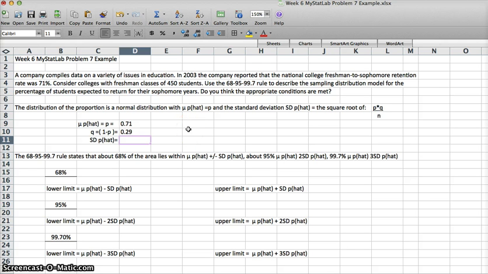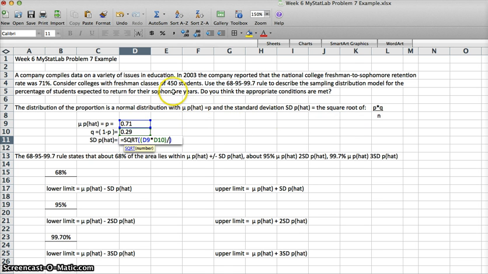So we need to start off with square root. So I'll say equals and start typing square root, and there it is right there. Click on that and it gives us some parentheses. I'm actually going to add another one here to make sure that our formula works right. And then we're going to say P times Q, close those parentheses, divided by an N. What is N?